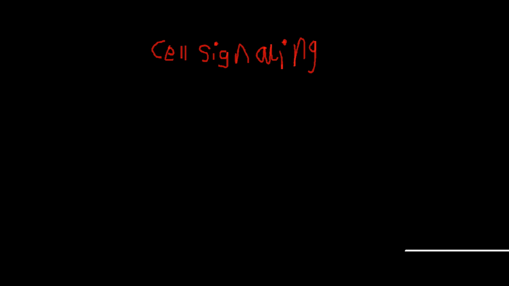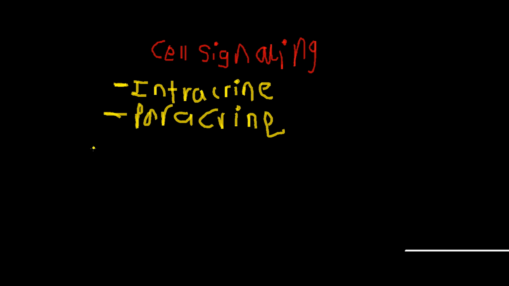So as you can see, I've written cell signaling here. So there are 5 types of them. The first one is called intracrine cell signaling. The second type is called paracrine. The third one is called endocrine.